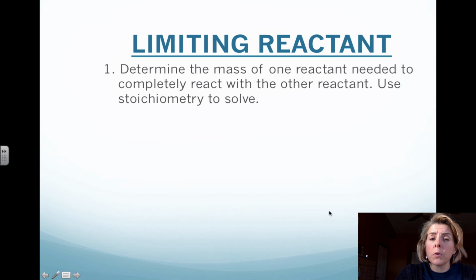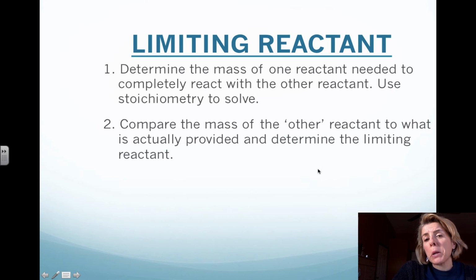Okay, so for steps for determining limiting reactant, the first thing is you want to determine the mass of one reactant, and you're going to use stoichiometry for that. Then you're going to compare the mass of the other reactant to determine which one produces the smaller amount. Once you've done that, that'll tell you what the limiting reactant will be.